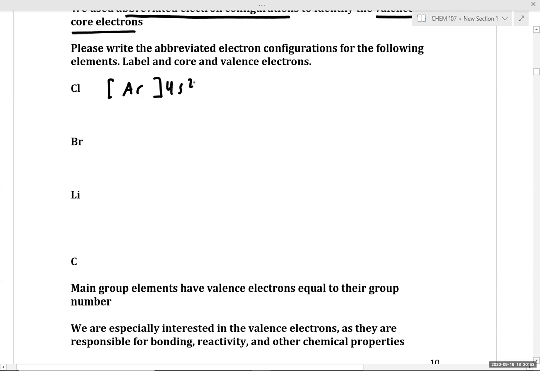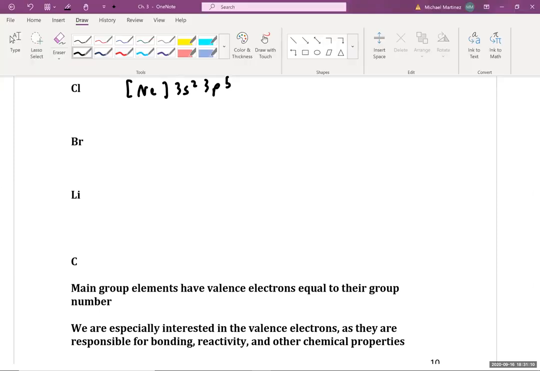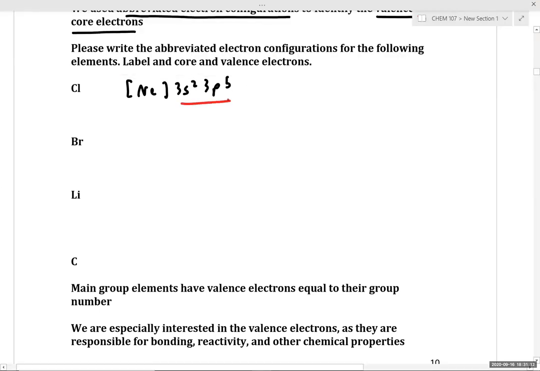Sorry, I'm thinking of bromine. One moment. Chlorine would have the configuration of neon 3s2 3p5. So how many valence electrons does chlorine have as a 7A element? 7. Exactly right.